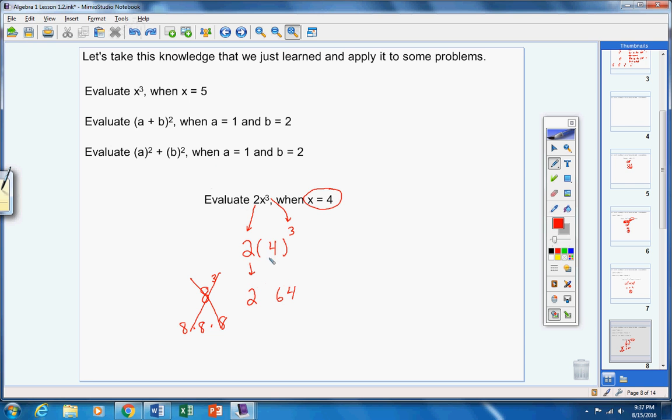Notice the 2 is right next to the parentheses, correct? They're side by side. So that means they're multiplying. You could actually put a dot right here. Multiply them together and you get 128. Okay? Do you see that okay?